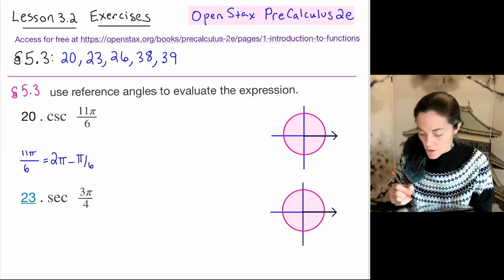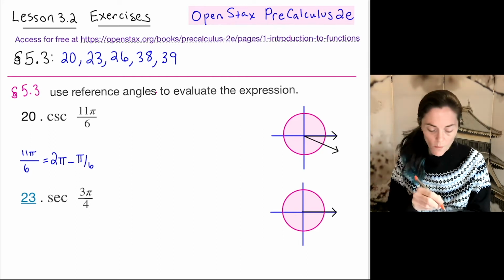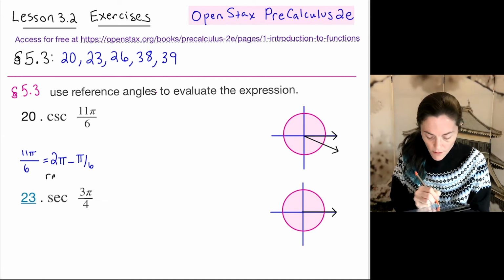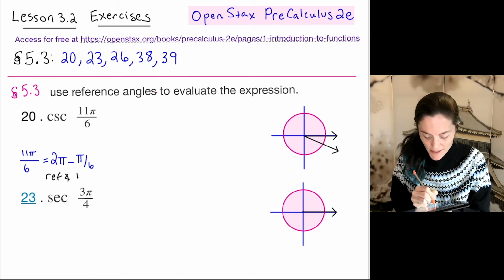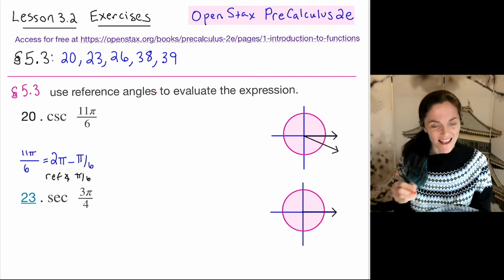So we are going to be approximately here, where our reference angle is pi over 6. And we are in quadrant 4, which determines the sign of this angle.